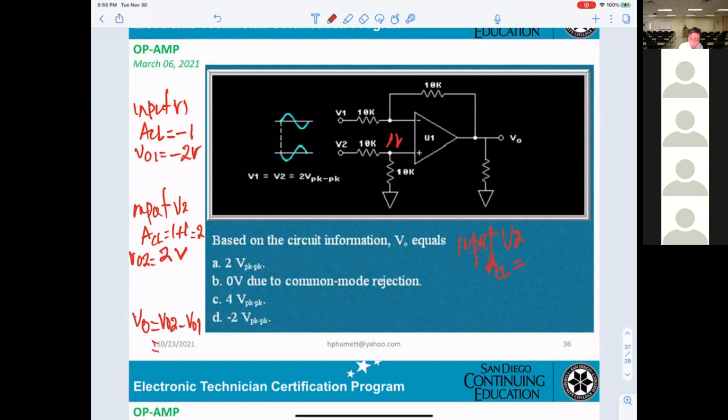V2 equals 2, right? 2 minus 2. So it's C. Exactly.